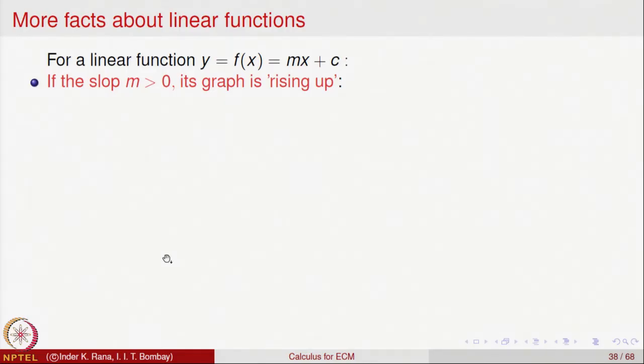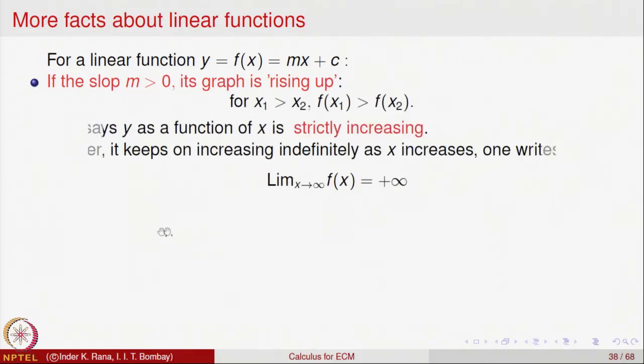From the left to right, it is increasing, it is rising up. That is why geometrically it is rising up. Mathematically, one will write it as: for x1 bigger than x2, f of x1 is bigger than f of x2. So, that is called increasing or strictly increasing. Such a function normally is called a strictly increasing function. So, if the slope is positive, the linear function is strictly increasing.